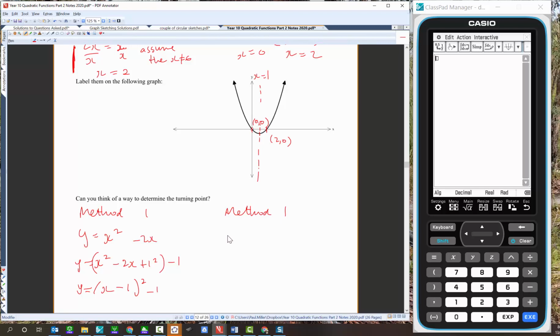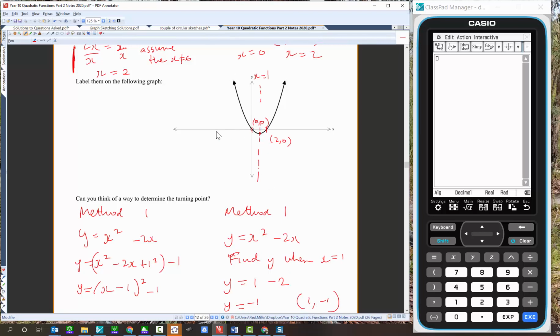So if this is our original function, y equals x squared take 2x, let's find y when x is equal to 1. So y is equal to 1 squared, which is 1, take 2 times 1, which is 2. y is equal to negative 1. So note that when x is equal to 1, y is equal to negative 1. And that's the turning point as well.